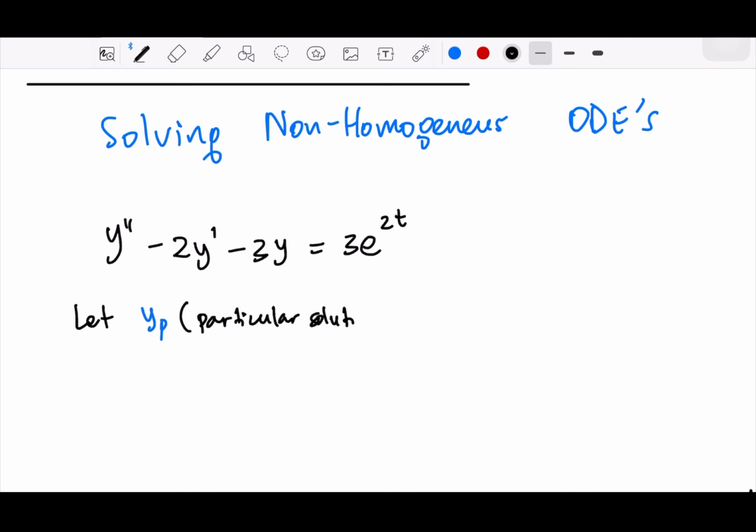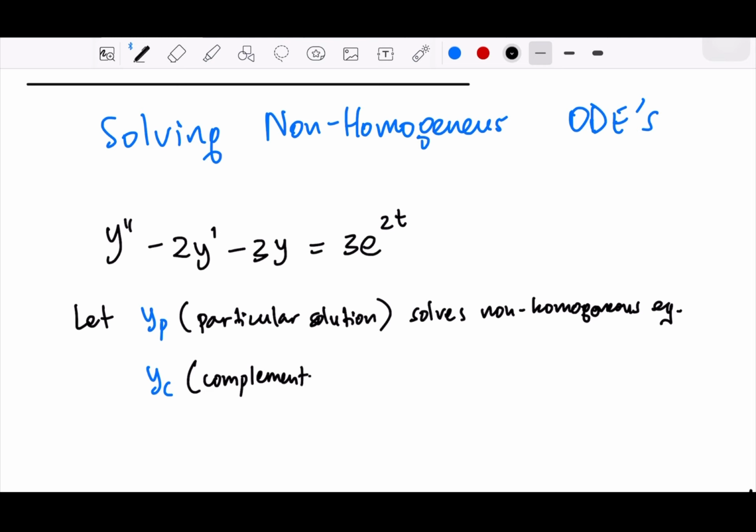as we also mentioned before, let this yp solve the non-homogeneous. And yc, the complementary solutions, okay, this yc is solving the homogeneous, right?